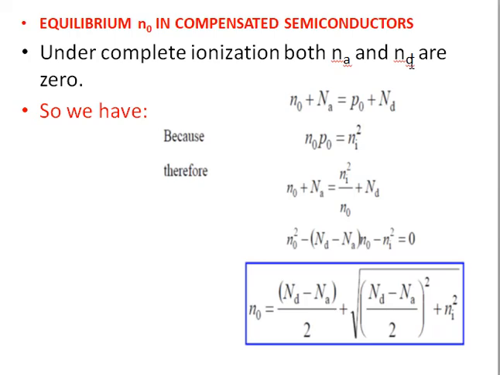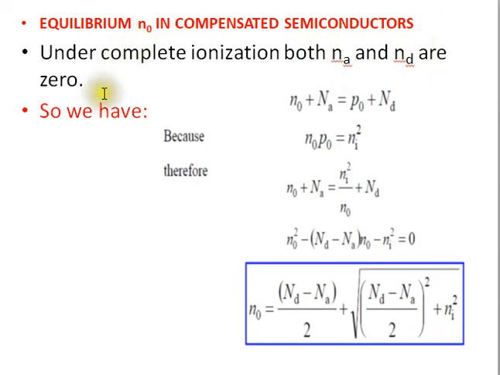If 1 million bonds are broken, we know we have 1 million electrons and an equivalent 1 million holes. Now, in a situation where it is fully compensated, you see that the number of electrons will be equal to the number of holes, so that they will cancel one another. This is what we call compensated semiconductors.